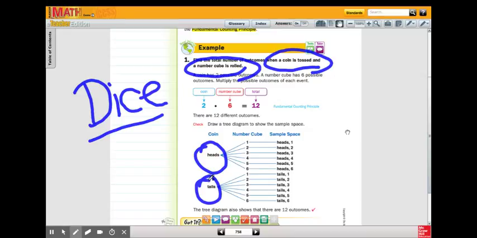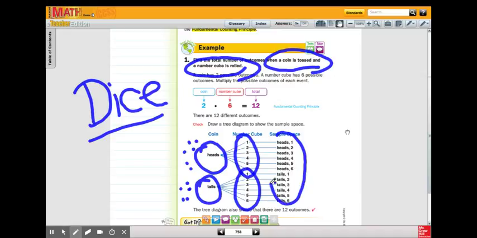And we've seen this sample space stuff before. And after you toss the coin, then you have 6 choices for each thing. So that means there would be 6 for heads and 6 for tails. Altogether, if you look at those on page 758, you should see 12.